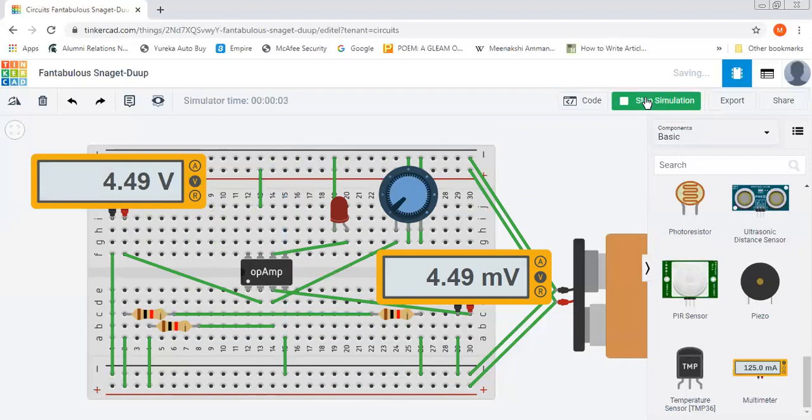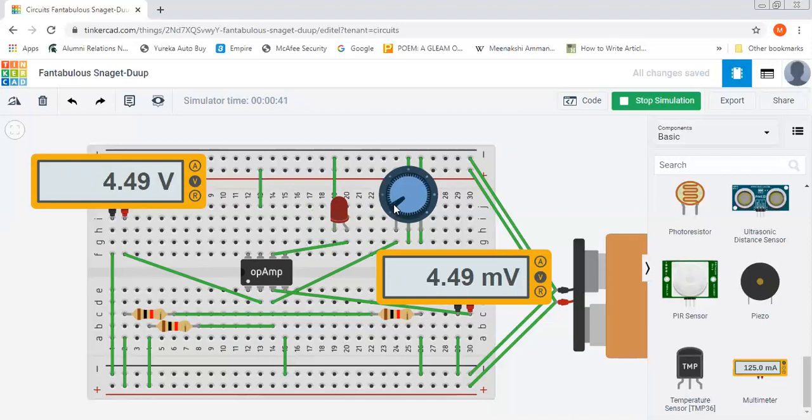So now at the inverting terminal, we have 4.49 volts, and at the non-inverting terminal, the voltage is 4.49 millivolt. So voltage at the inverting terminal is more. So the output of the op-amp is in negative voltage, and that results in reverse bias of the LED, and the LED is not glowing as we can see.